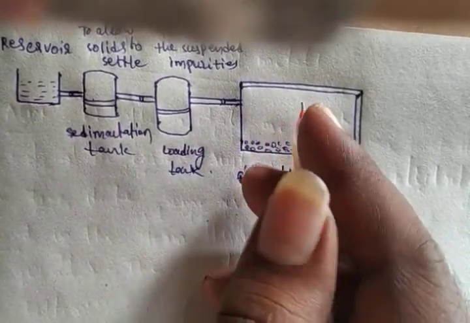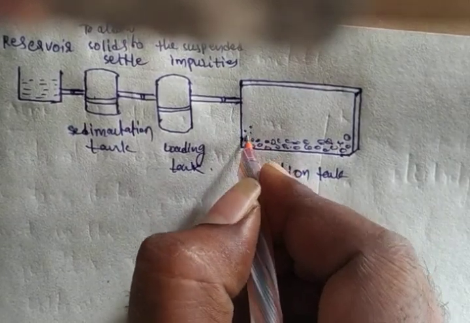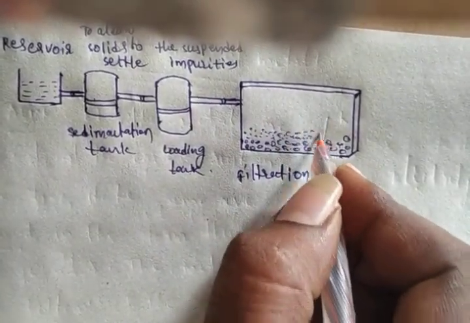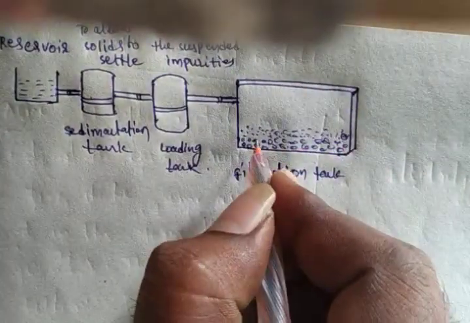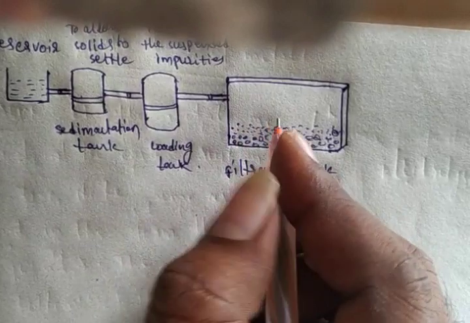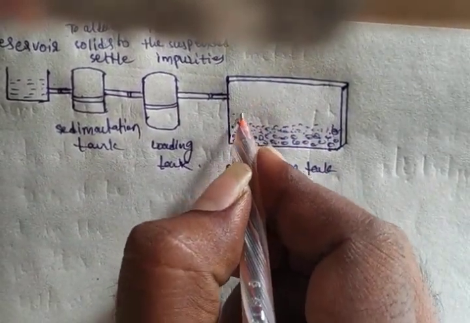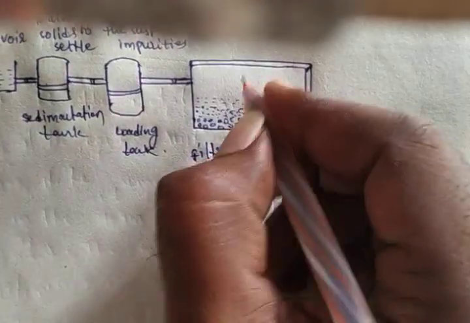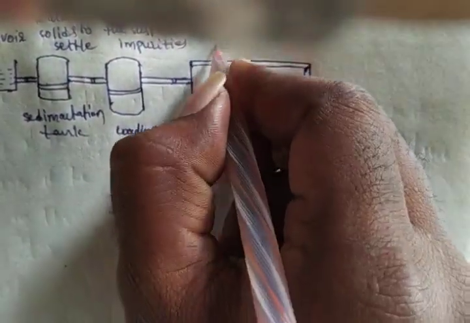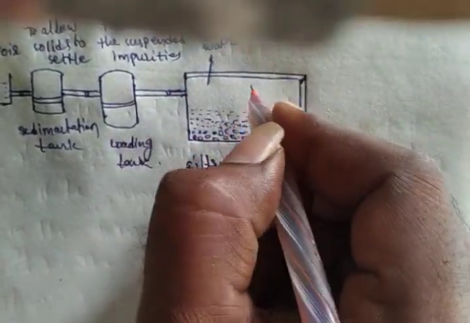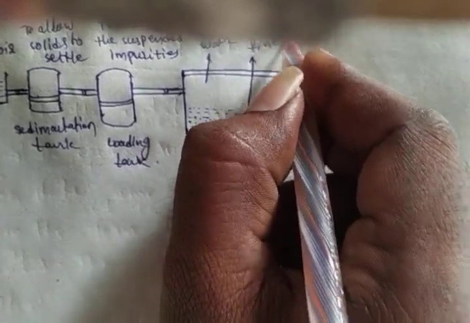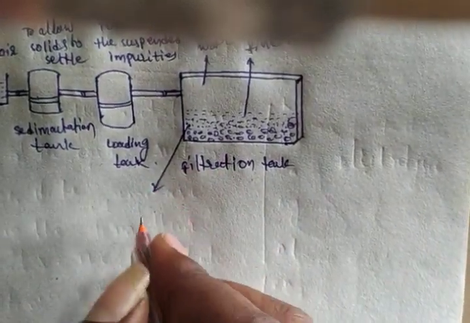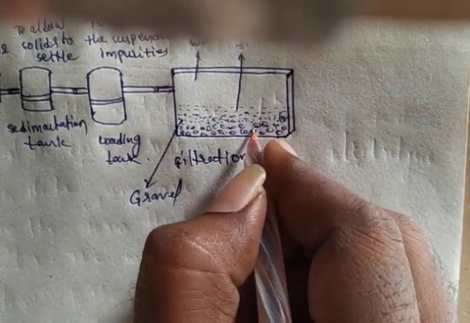After the coarse gravel we take the gravel, and after the gravel we take the fine sand. Above it is the water. This is the fine sand, this is the gravel, this is the coarse gravel.